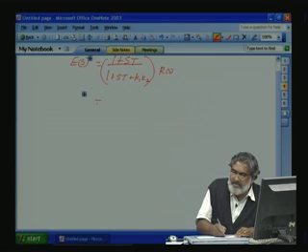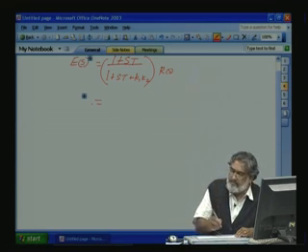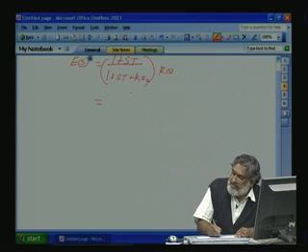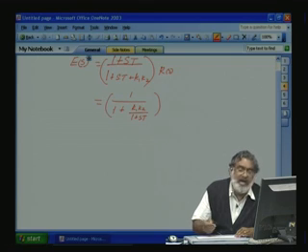We can simplify this in a better way: E(s) is equal to 1 by 1 plus K1 K2 by 1 plus ST, into R(s).